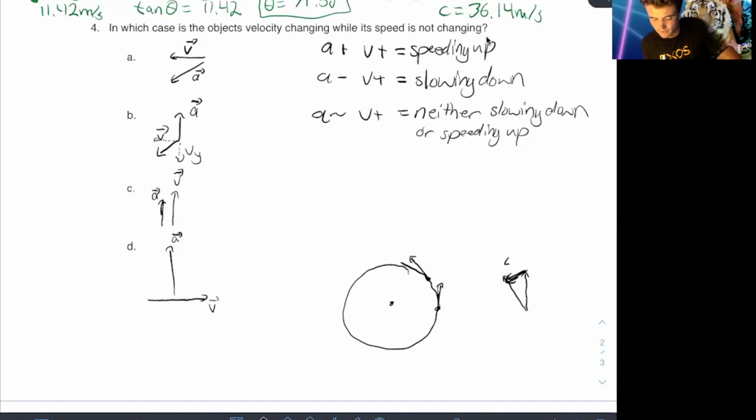So this line is the change in velocity. If I were to draw it, it would be pointing straight in on each of these points. So the change from this velocity to that velocity, we're going to have the acceleration pointing diagonally in towards the center. That's essentially what the acceleration is, right? It's a change in velocity. And in this case, it's going to be pointing in towards the center of the circle.